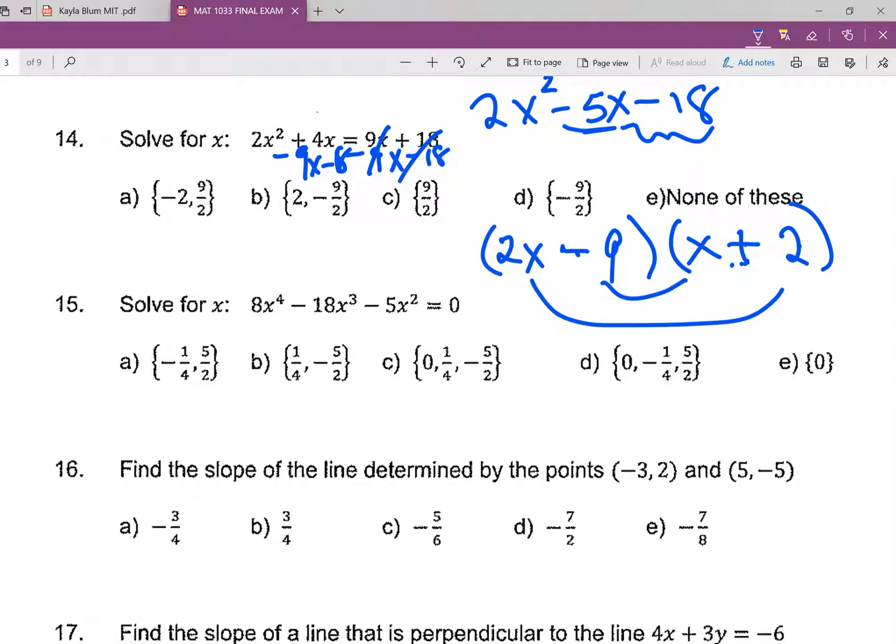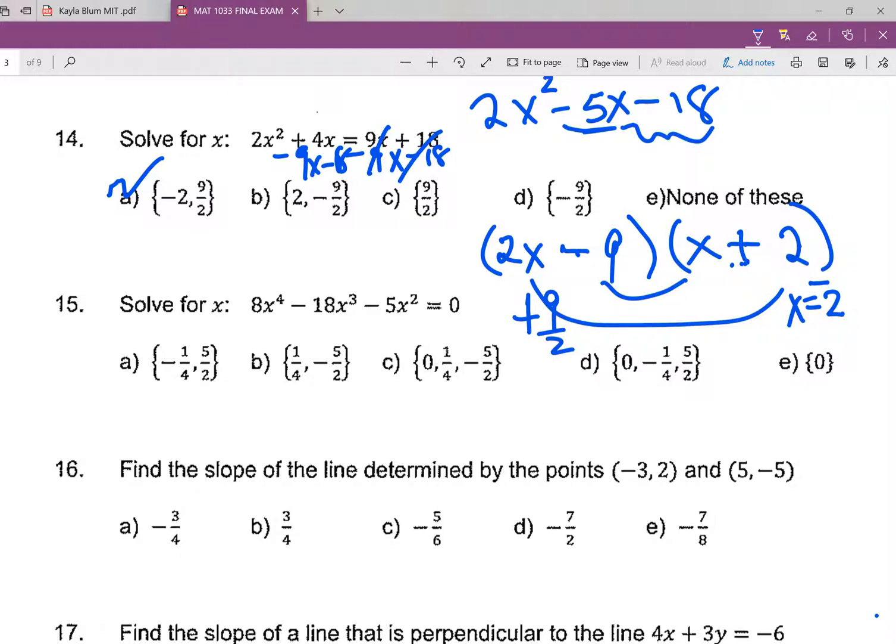So the factors are going to be x minus 2 for this side. If I set that to 0 and solve, x is 2. And same thing for this one, this will become positive 9 over 2. Final answer choice here should be answer choice A.